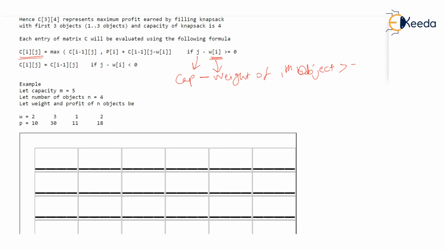That's what the if statement is checking. For instance, just imagine the capacity of the knapsack is 2 and the weight of the ith object is 3. Now, how can you add this object in the knapsack? The knapsack will break because it has capacity of 2 and you can't add an object with weight 3. So, is this difference greater than or equal to 0? No, false. This will break the knapsack, isn't it?